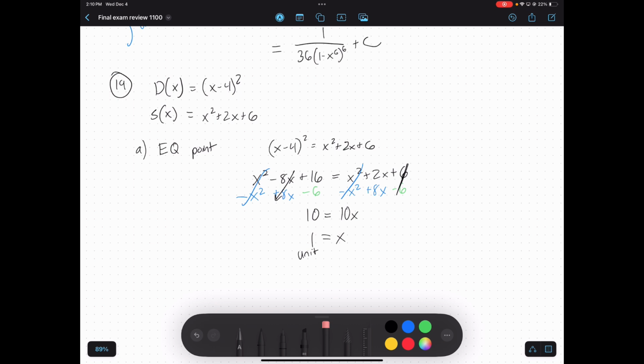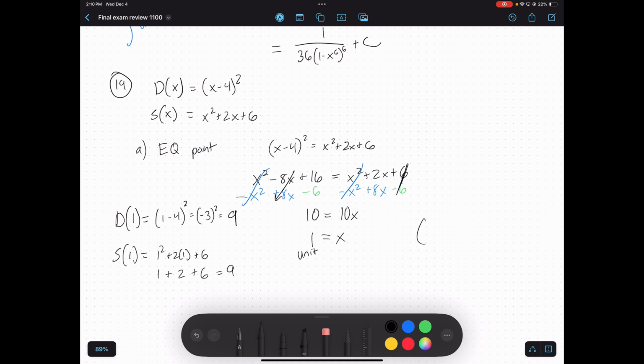So I can plug them into either of them. So I can plug that into my demand function, and I get 1 minus 4 squared, which is negative 3 squared, which is 9. Or you can plug it into your supply equation. And guess what? You're going to get the same thing. 1 squared is 1. 2 times 1 is 2. Plus 6. Yep, sure enough, you get the same thing.